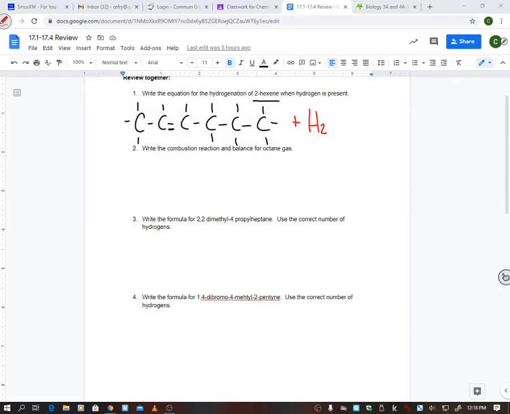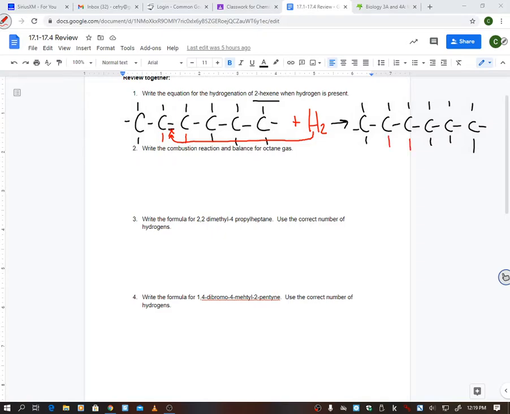I drew this in a different color so I could show you what I'm getting ready to do. So what this hydrogen, this H2 does is it comes and it breaks up that double bond, and then there's each of those hydrogens. So when you rewrite this, 1, 2, 3, 4, 5, 6. So I left those 2 blank because I'm showing you where those 2 hydrogens went, right there.